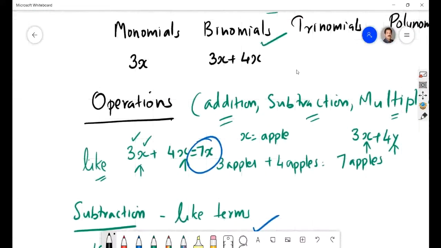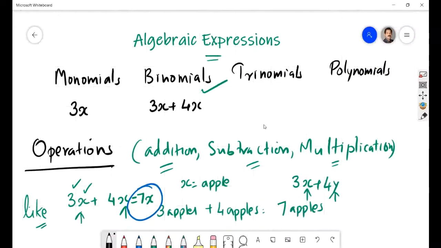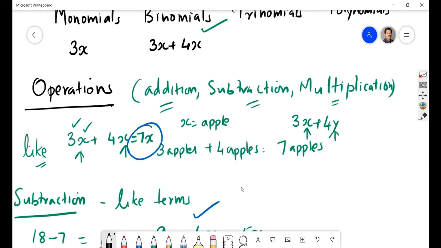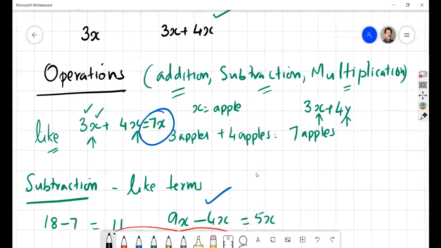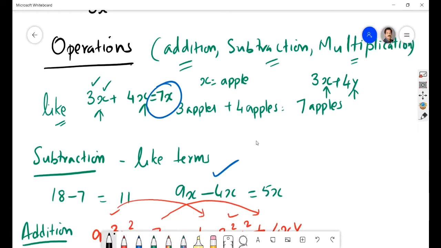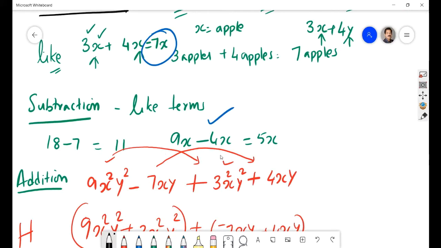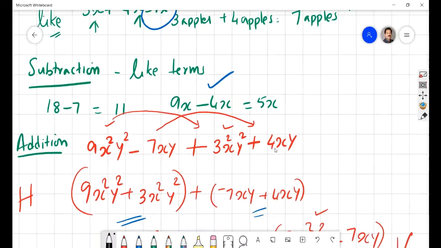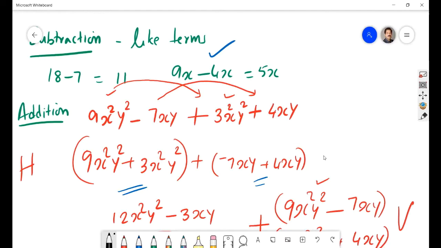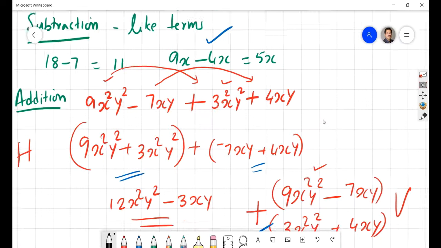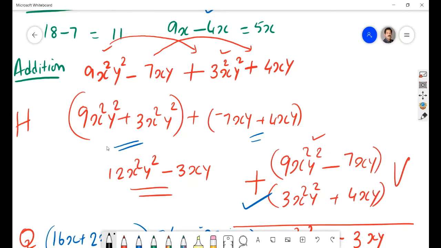We reached the level of operation where addition can be carried out between like terms, following the principles of addition of integers. Subtraction also follows the same principle. Whenever there are like terms, you can simply add; unlike terms cannot be added. And when we have more than one term, maybe monomial, binomial, trinomial, then also the like terms are to be added together, taking care of their sign convention.